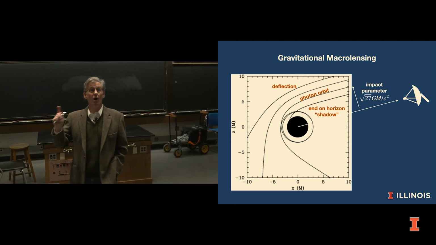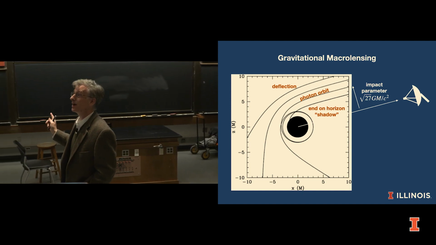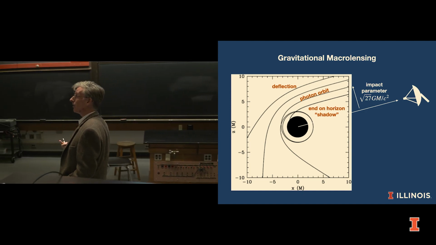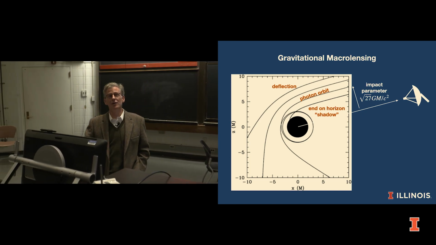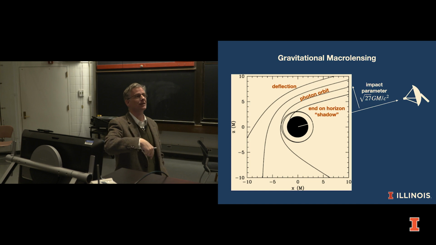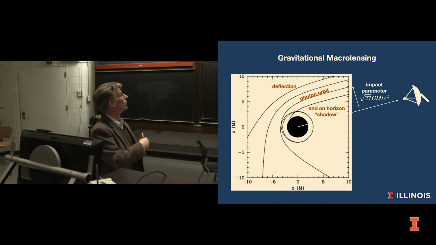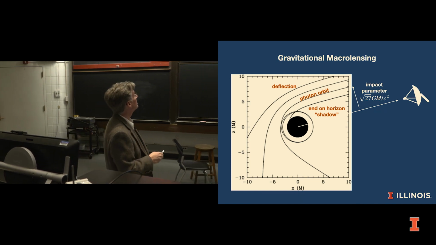But one crucial difference is that these orbits are unstable. So the photons can't sit there for very long. They either go into the black hole or they escape to large distance.